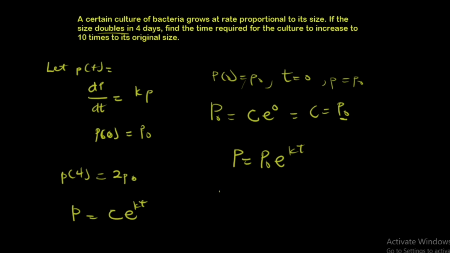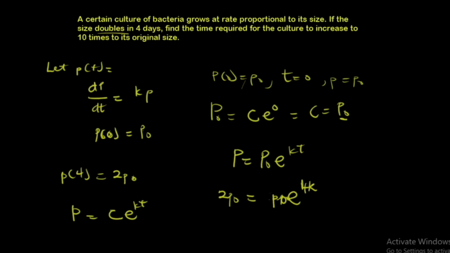We are going to have that 2P naught is equal to P naught e to the power 4k, because at time 4 days, we have 2P naught. So we have it 4k.